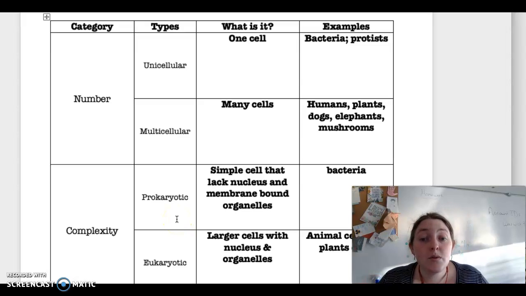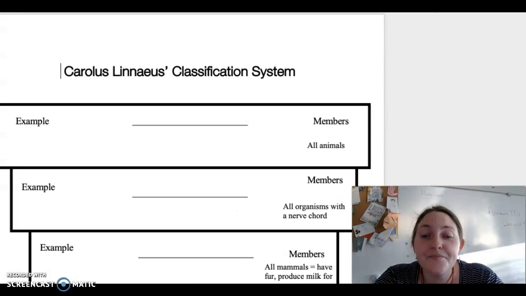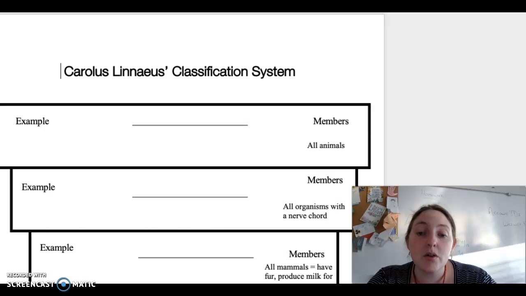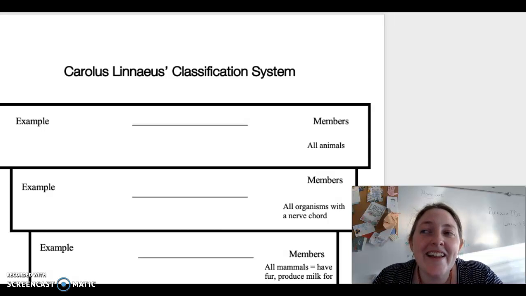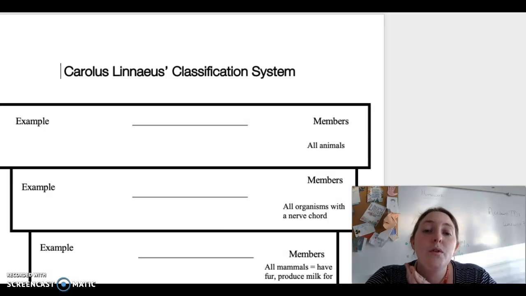Now we're going to move on to the scientific classification system we use to organize life. Turn to page 12, so you're backtracking a bit here. If you do not have access to your notes, I will attach the document to the Google Classroom, so take a moment and find that note page so you can fill in these notes. So, as I stated before, we like to classify life.